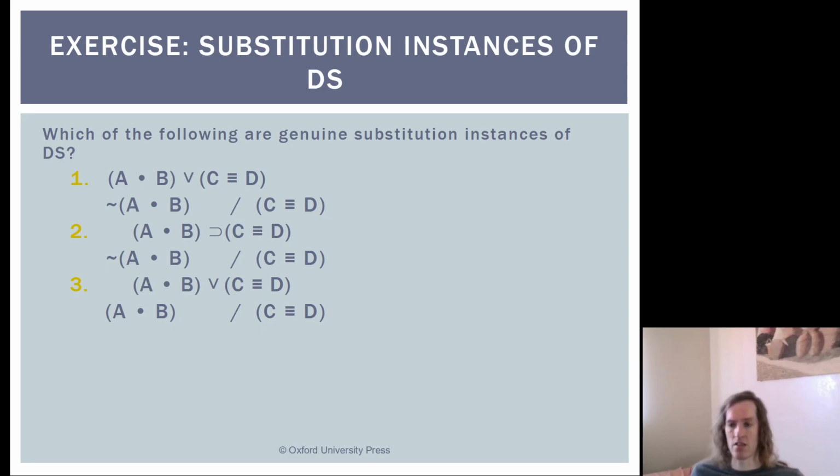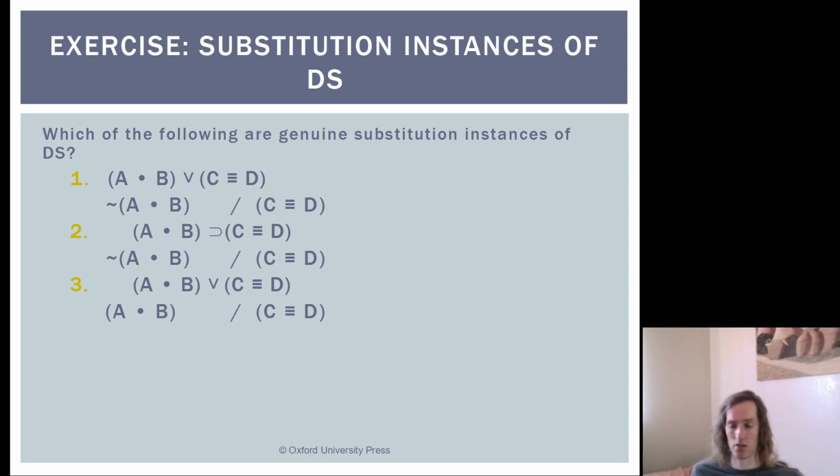We only know that either A and B is true, or C if and only if D is true, or they're both true. But it's possible that it could just be A and B that's true, and C if and only if D need not be true. So we cannot conclude C if and only if D just from knowing that A and B.